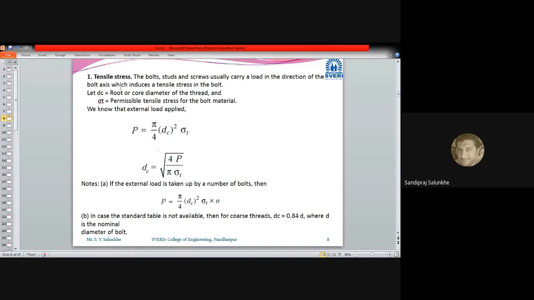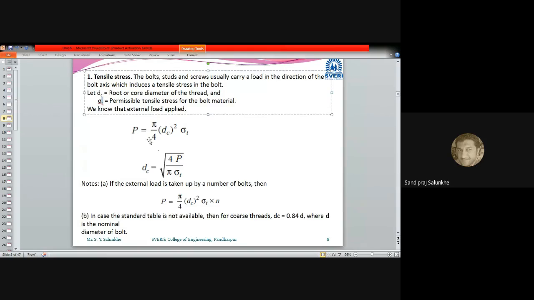Now we consider that dc is the root diameter where it will fail, where the minimum diameter is. So we are going to consider this d suffix c as the root or core diameter of the thread, and sigma t is the tensile stress induced in that bolt.